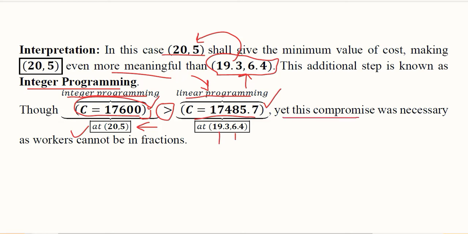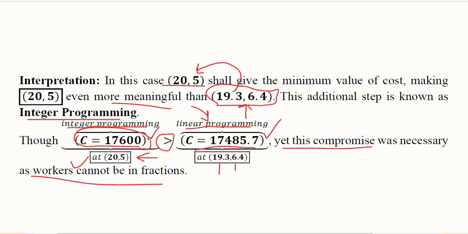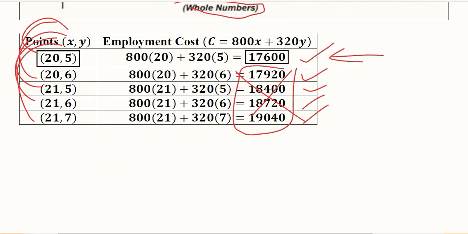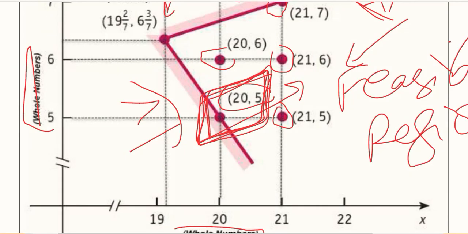It compromises the level of the cost by increasing it a little bit, but it was necessary because the workers cannot be in fractions.